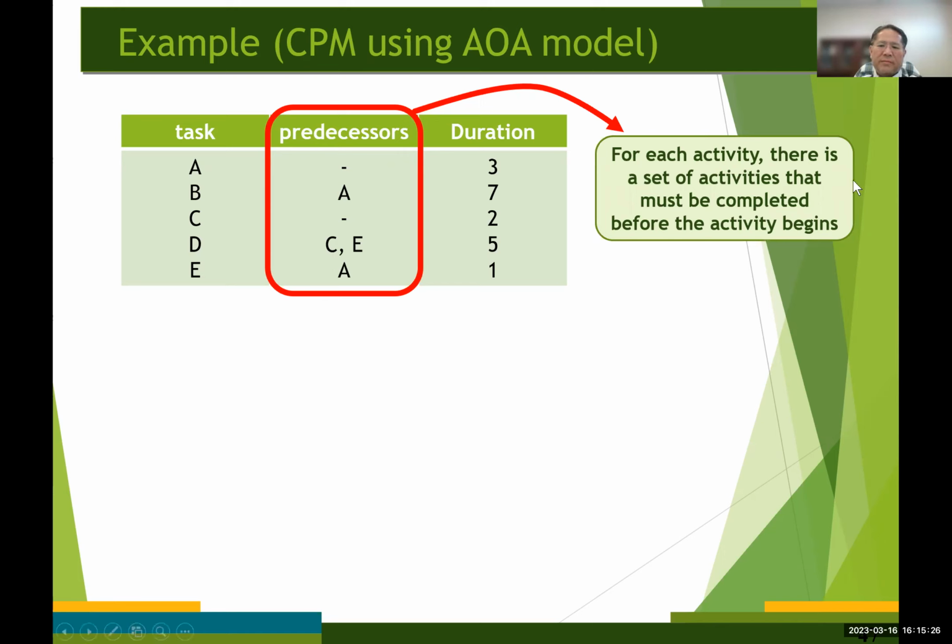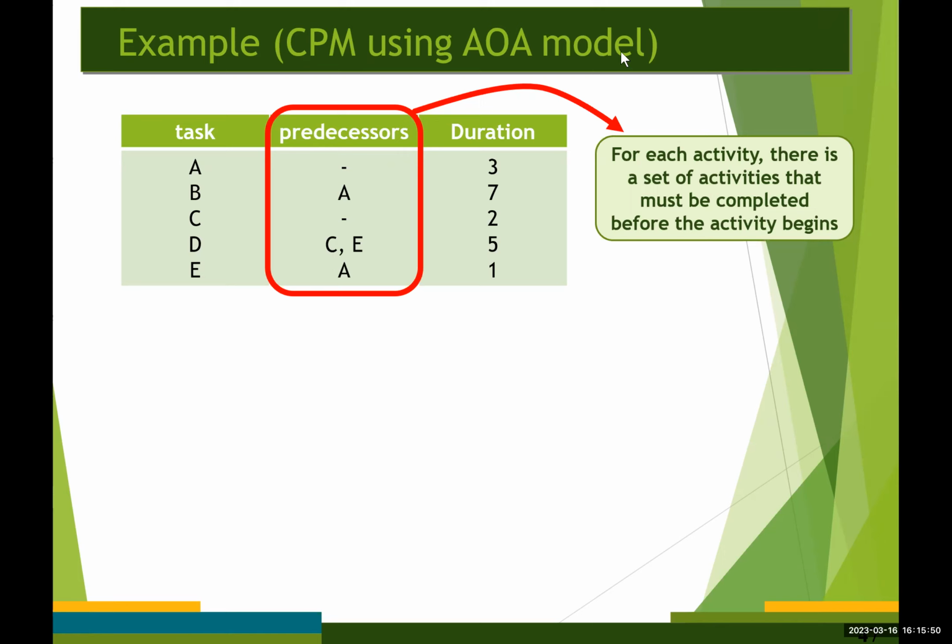Okay. So like I said, for each activity, there is a set of activities, which is called the predecessors of the activity, that must be completed before the activity begins.